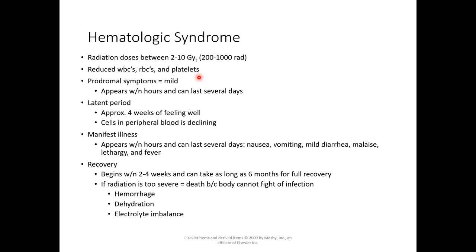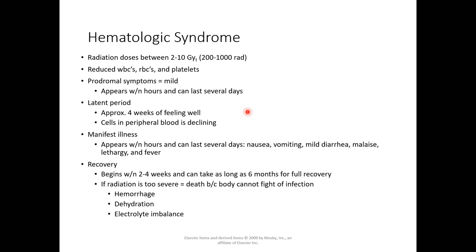The prodromal symptoms with the hematologic syndrome are pretty mild. They will appear within hours and can last for a few days. They're not as severe as some of the other illnesses that we will discuss, but you still don't feel well. The latent period usually is approximately 4 weeks of feeling good.